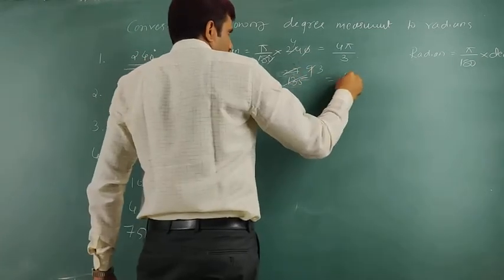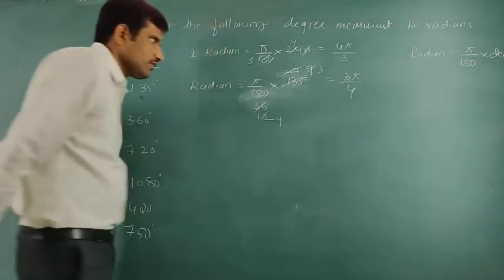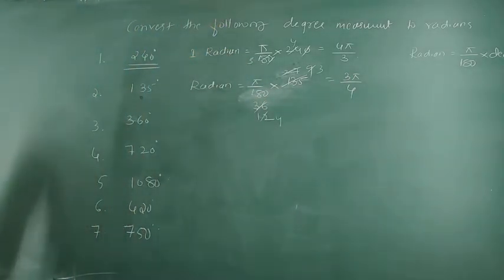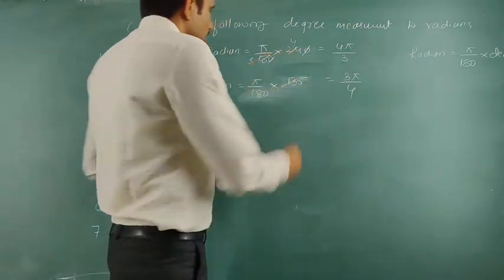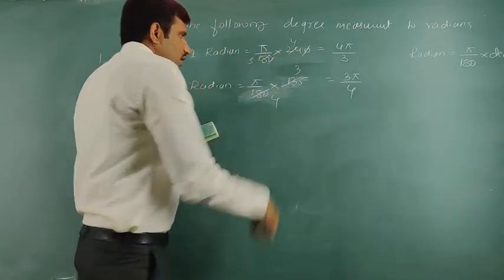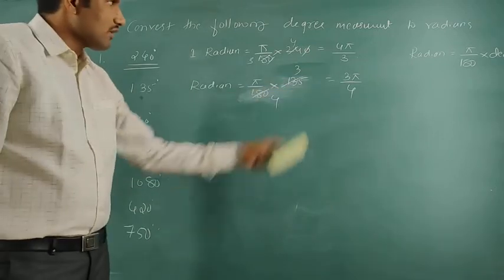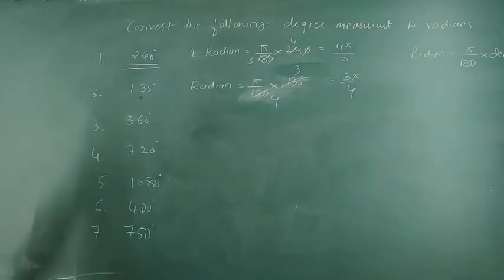What is the answer here? It is 3 pi by 4. Or we can write directly, 45 threes are 135, 45 fours are 180. So the answer is 3 pi by 4 radians.